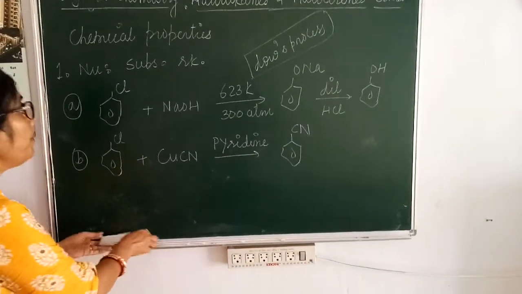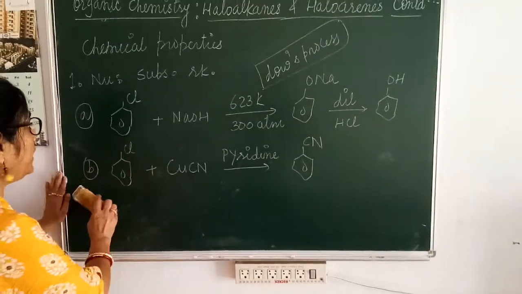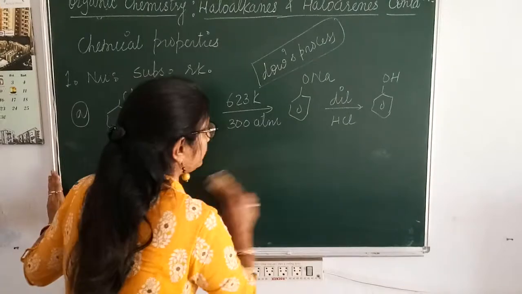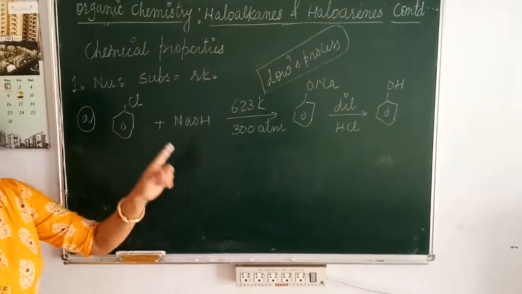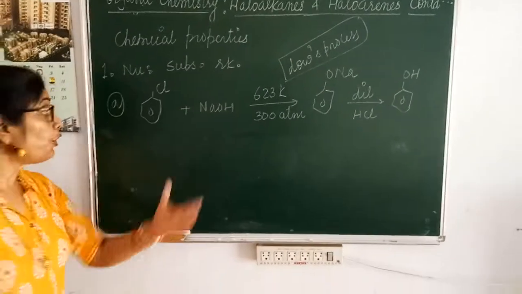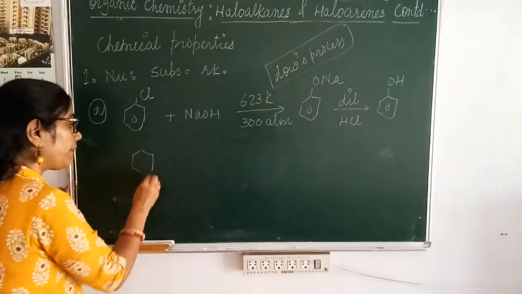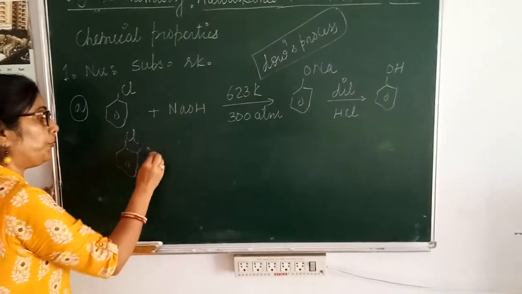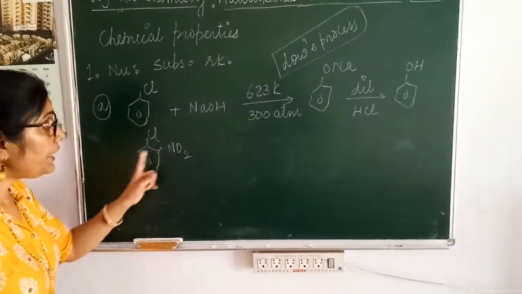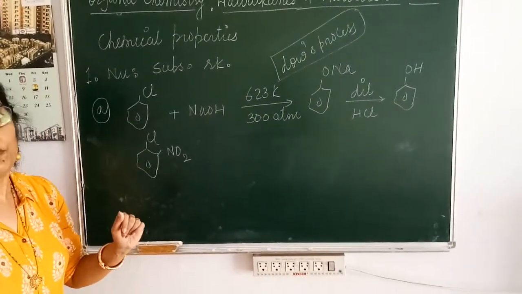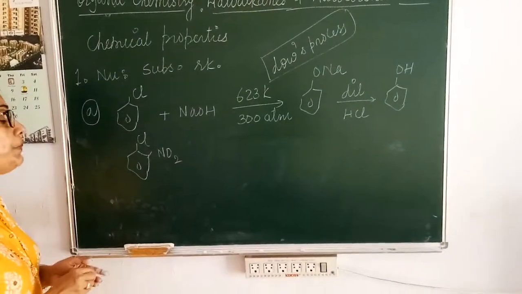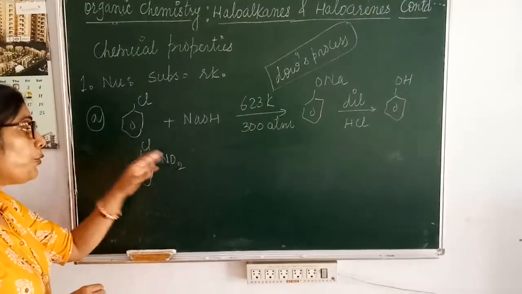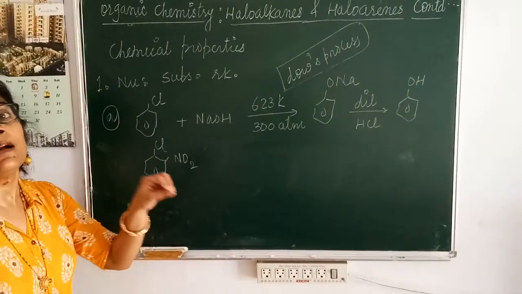And here one more important thing I am going to tell you is that if an electron withdrawing group is attached, then what is going to happen? Suppose NO2. NO2 is an electron withdrawing group. So when it withdraws electrons, what happens? For the nucleophile to attack, this place becomes easier.